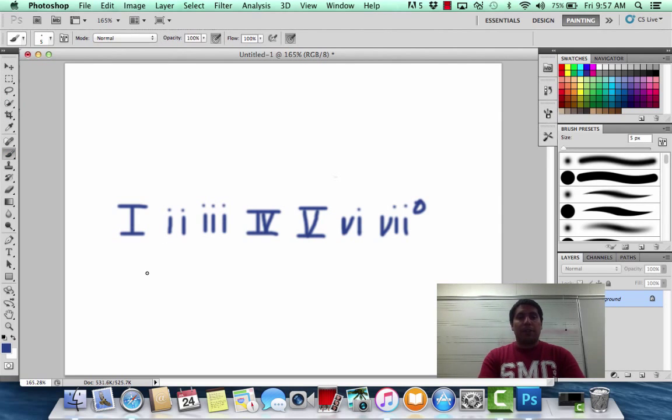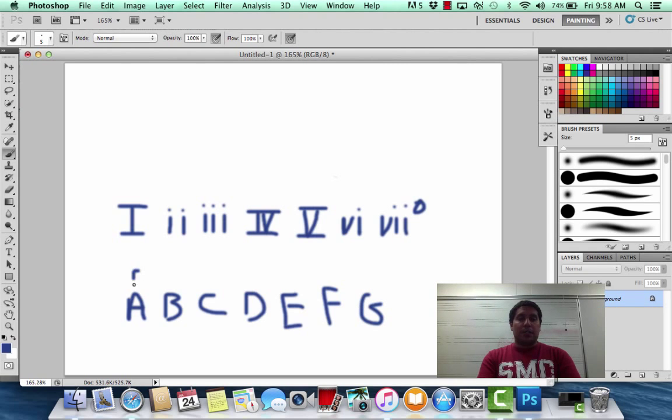All right, so now we're going to look at minor. I'm going to write out all of my chords. Again, A, B, C, D, E, F, G. All right, and then I'd start on C, D, E, F. Notice again, I chose A minor because there's no flats or sharps, and that makes this process kind of easy.